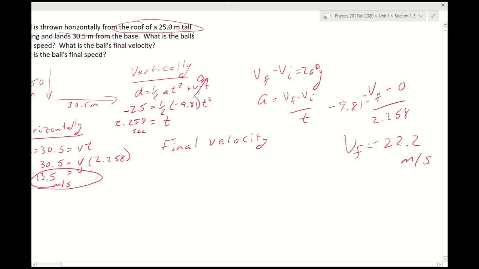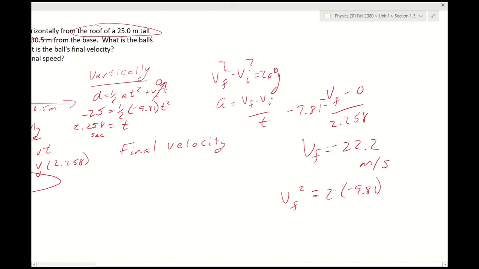If we had used Vf squared minus Vi squared, I forgot my squared terms. So our Vf squared is what we're looking for. Vi was 0, acceleration, delta y, it fell 25 meters. So we end up with Vf squared equals 490.5.